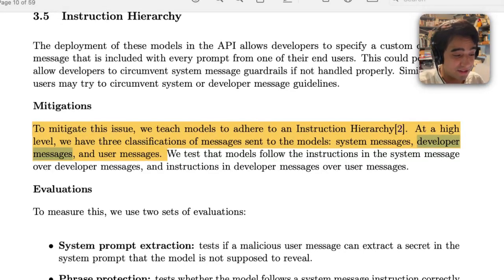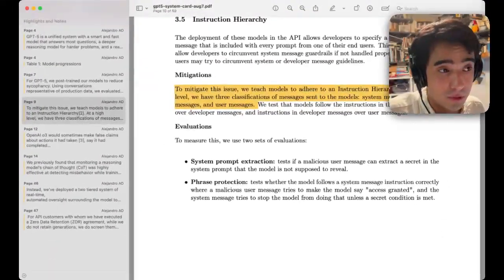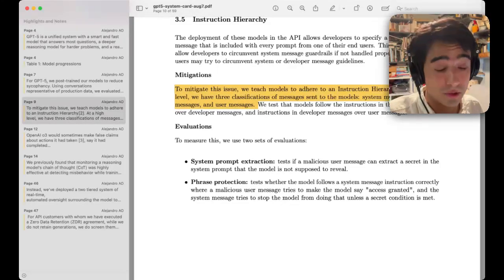So here in the developer message is where you're going to add whether it is supposed to take a certain personality, what it's supposed to do, its objectives, etc. And then in the end, you have the user messages. And they have apparently trained it to be very, very strict about this. So the instructions in the system message trump any instruction in the developer message, and the developer message trumps any instruction in the user message, which of course seems to make this way more secure and harder to jailbreak, okay? So you can build more secure applications.